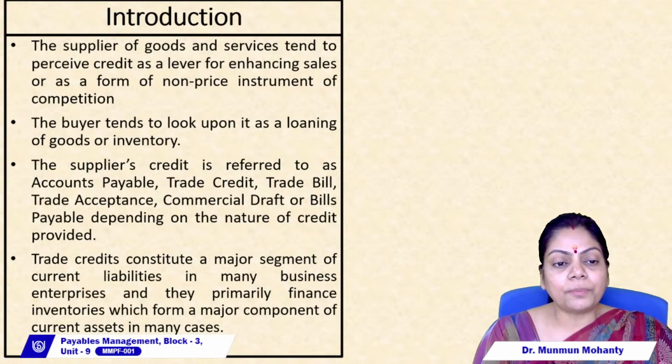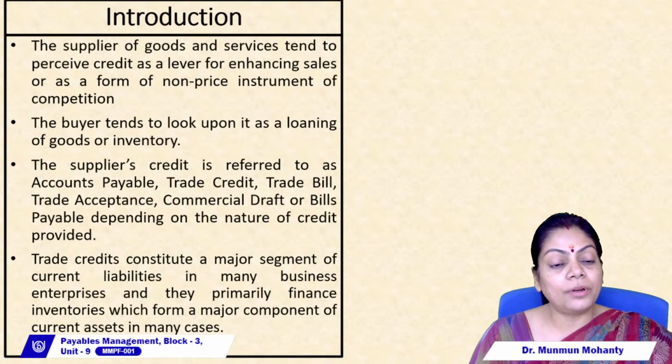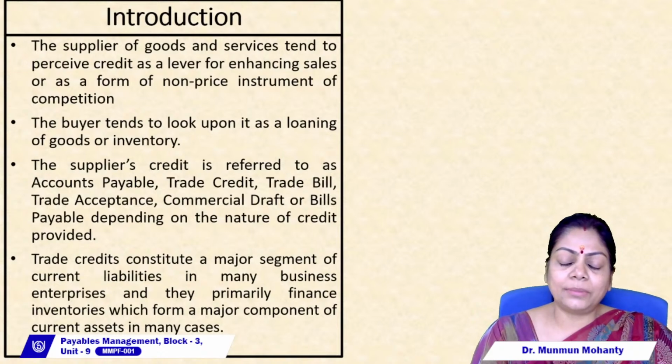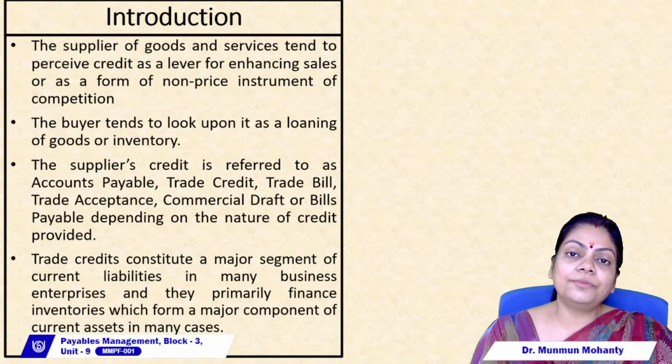Now, the supplier credit, most of the times we refer to as accounts payable, like trade credit, trade bill, trader's acceptance, commercial bill, depending on the exact nature of the credit that we're talking about.